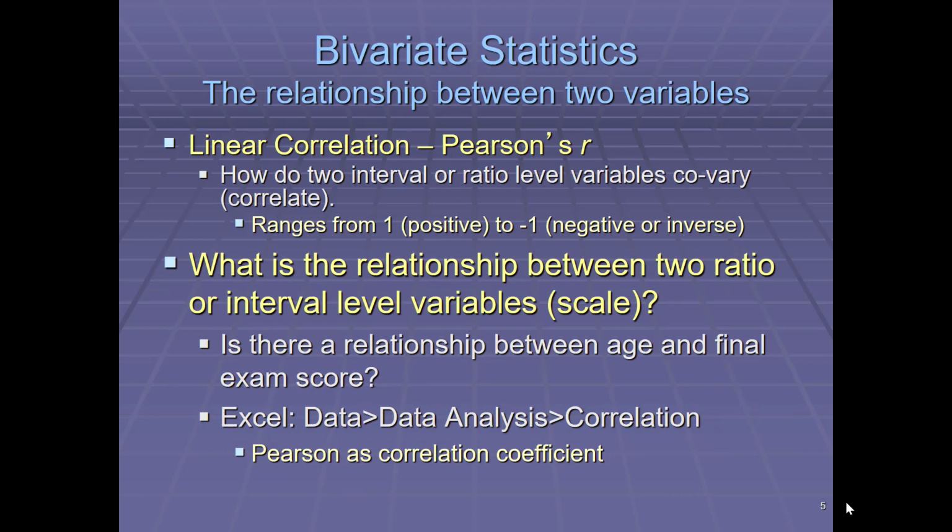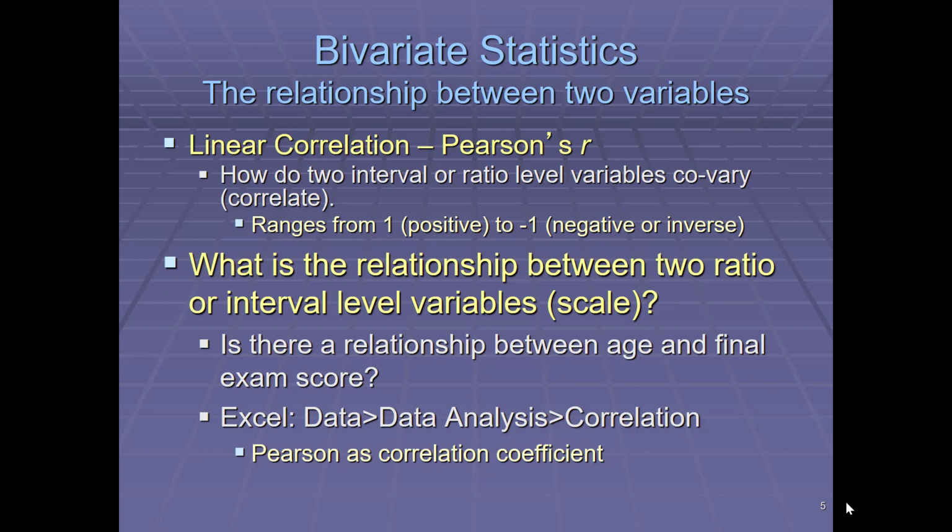All right, so moving on into correlation. Linear correlation, which we also call Pearson's r, requires two interval or ratio level variables. So our variables have to be at the interval or ratio level.